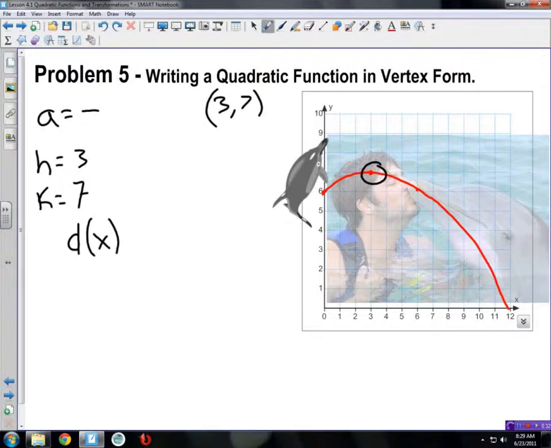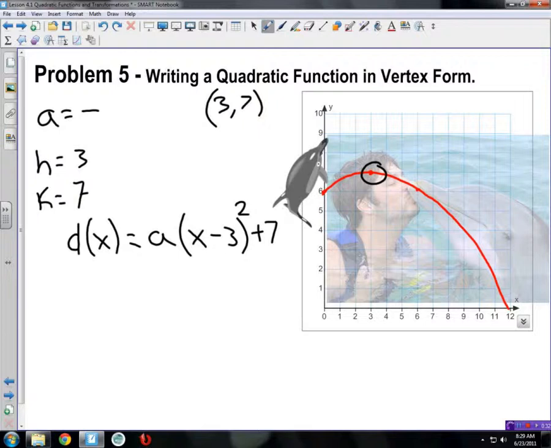Oh, and Davis, because there's a dolphin and a Davis in there. I still don't know my a value, so I'm going to leave that. It's going to be a times x minus h. Well, h is 3, so x minus 3, plus k. Well, k is 7, so we get x minus 3 plus 7, and I need to remember to put in my squared there, so it is a quadratic.